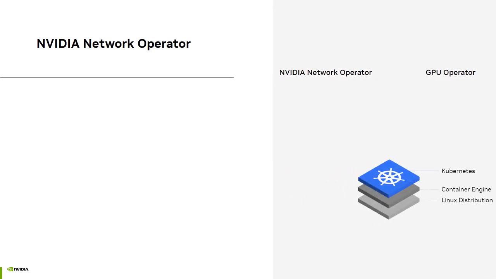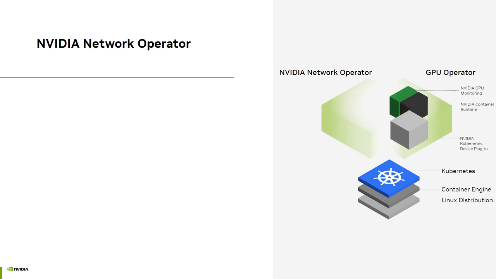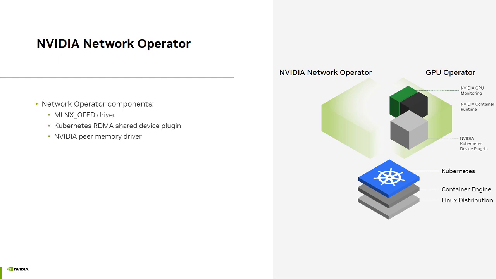The NVIDIA Network Operator is a tool that can be installed on top of GPU Operator to enable further GPU capabilities with Kubernetes, including GPUDirect RDMA, Remote Direct Memory Access. The MLNX OFED is a set of networking libraries and drivers packaged and tested by the NVIDIA networking team. MLNX OFED supports RDMA over both InfiniBand and Ethernet interconnects.